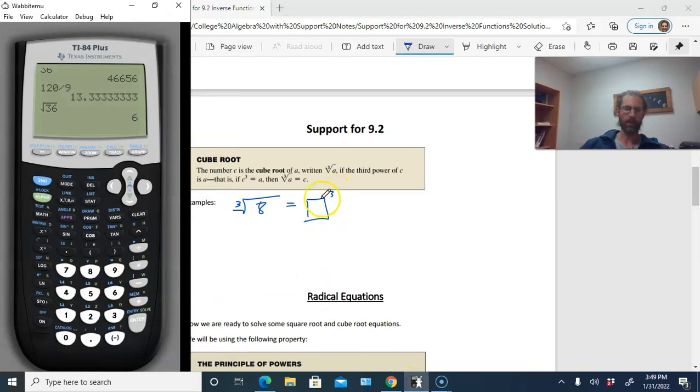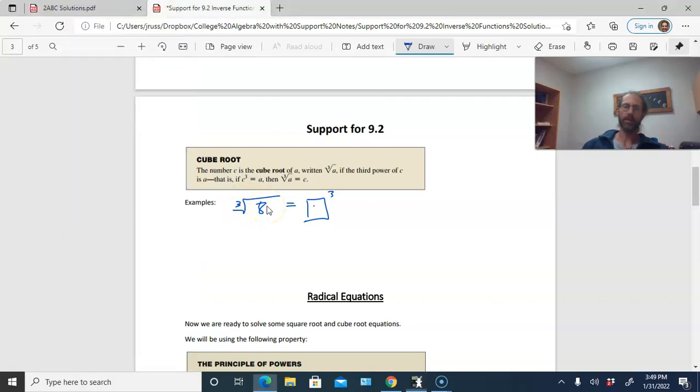You say, well, what number to the third power would give me 8? So you could try maybe 3 to the third power. 27, that's too big. So let's go down one. Let's try 2 to the third power. That's 8. So this means the cube root of 8 is just the number 2. Okay.